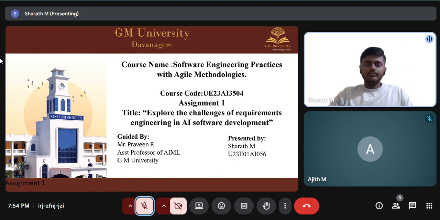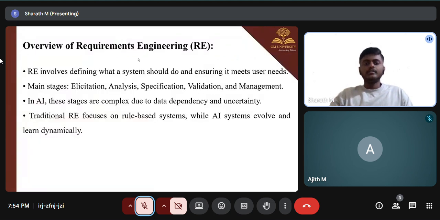And let's begin with understanding what requirements engineering means. Requirements engineering is the process of identifying and defining what the software system should do to meet user needs effectively. It involves five major stages: elicitation, analysis, specification, validation, and management.